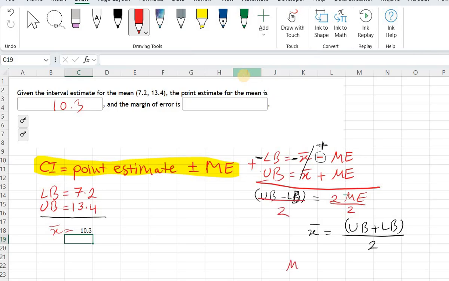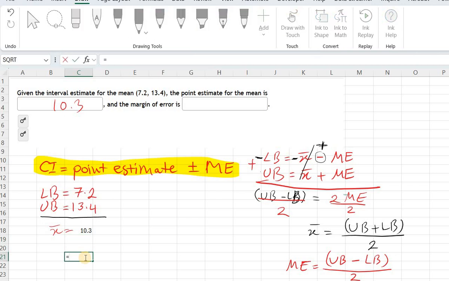So the margin of error here, we can say it is equal to the upper bound, because that's the bigger amount, minus the lower bound, the smaller amount. And then we divide the answer by 2. Similar to this process, I need to put parentheses, so I'm just going to do the math here. I'm going to type 13.4 minus 7.2, and then I'll divide everything by 2.